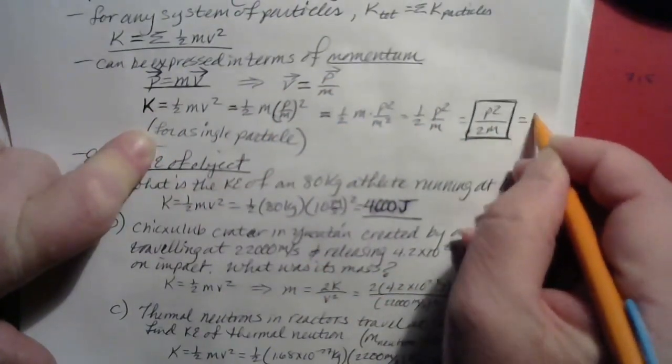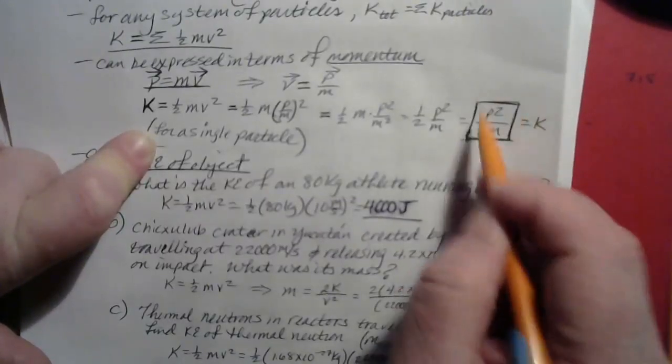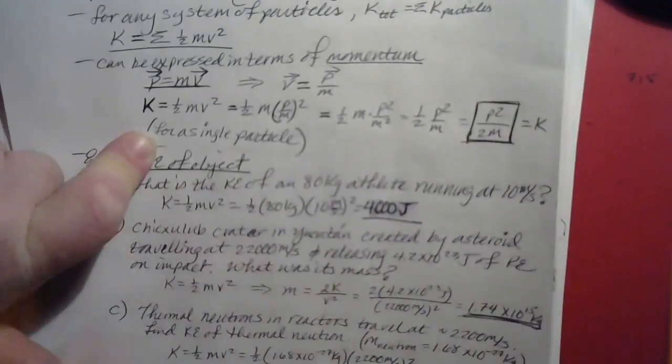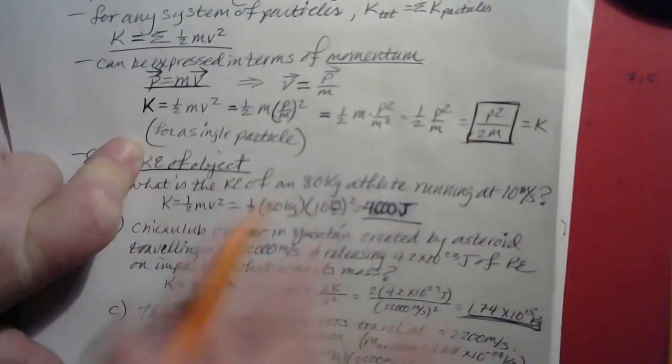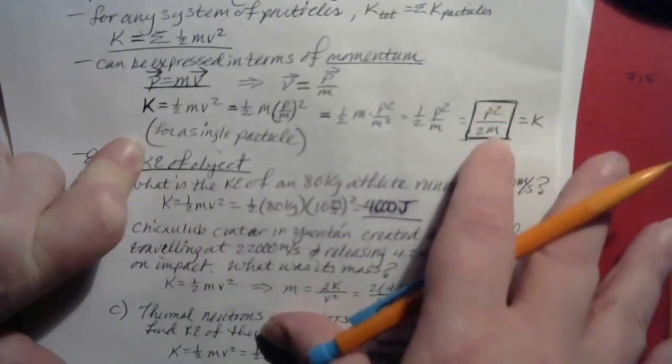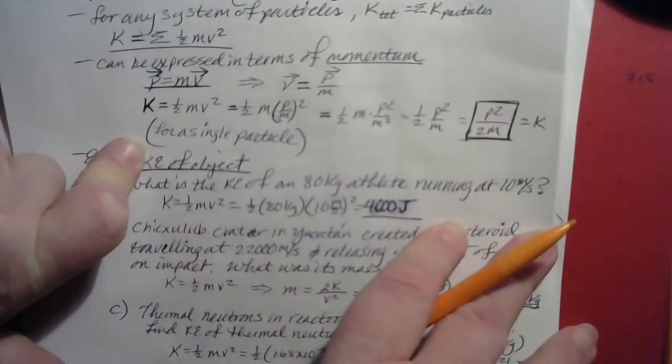I've outlined this equation because that one is also general. It applies to everything, not just any particular example that we're working on. So momentum squared over 2m, that's kinetic energy.